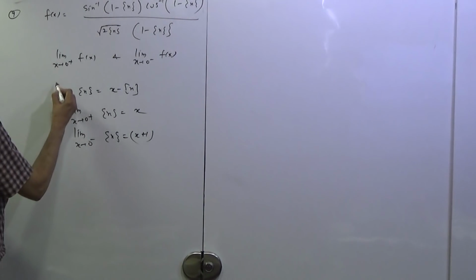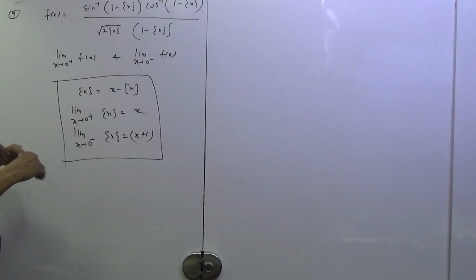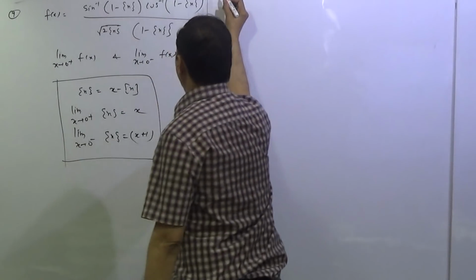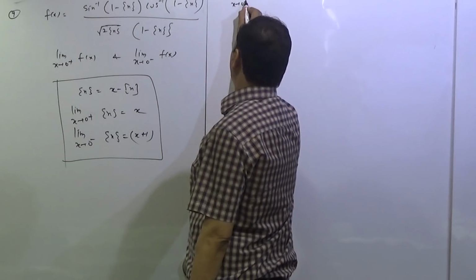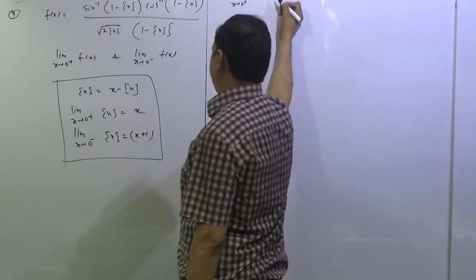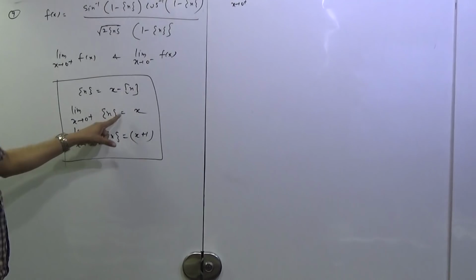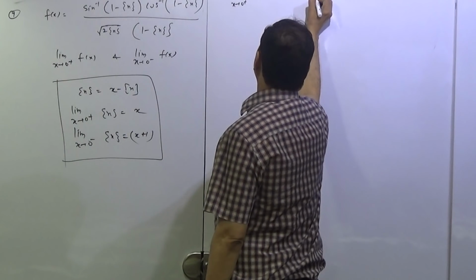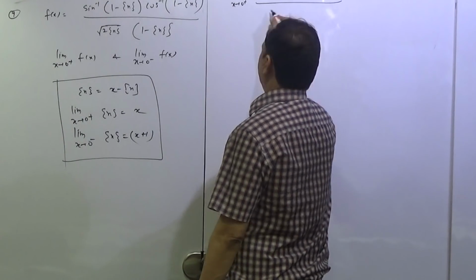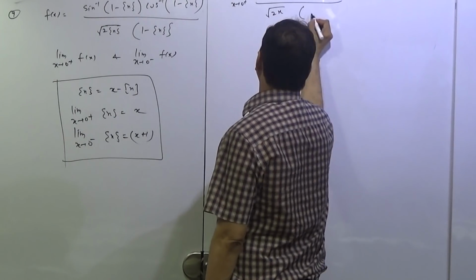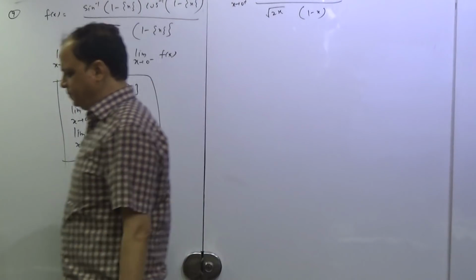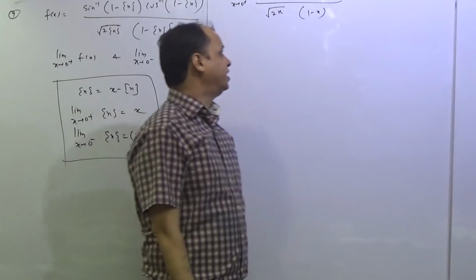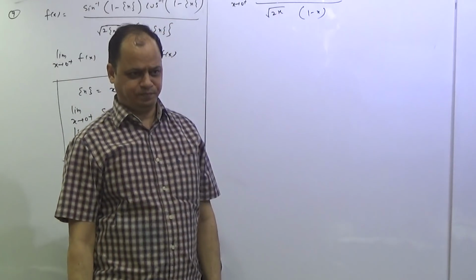Now I'll use this particular condition in the question, and the question will become easier. Otherwise it becomes a very tedious and difficult question. The question is now the limit as x tends to 0 plus. I am writing sine inverse of 1 minus x, cos inverse of 1 minus x, divided by under root 2x into 1 minus x, since for 0 plus the fractional part of x is equal to x. Now which part of this function is responsible for making the indeterminate form?